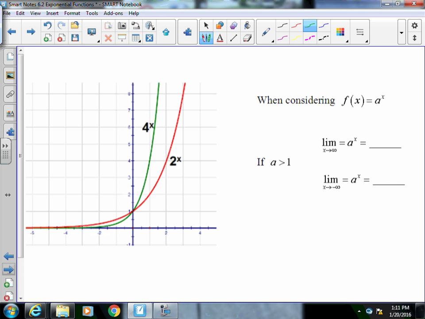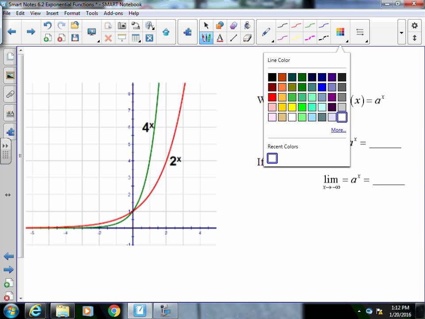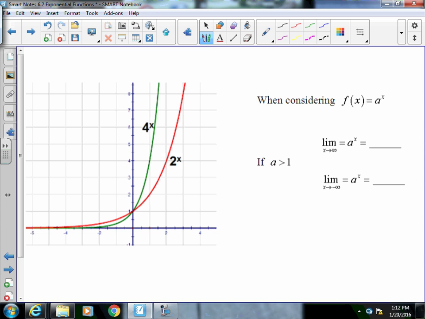Now, I apologize for these equal signs that should be there. Shouldn't be there.